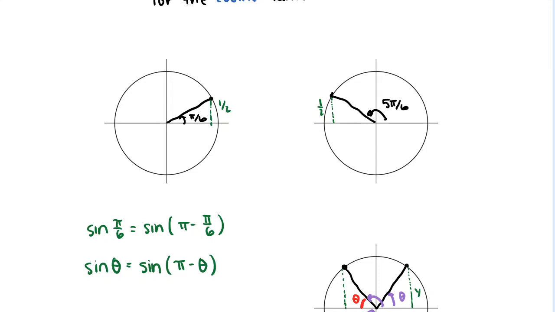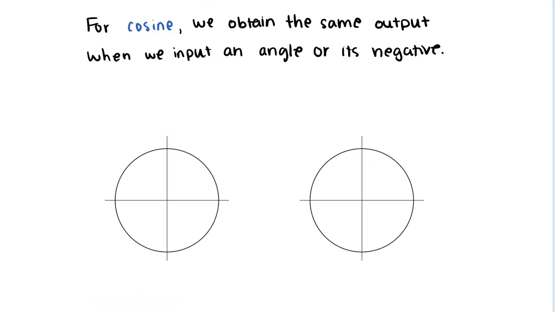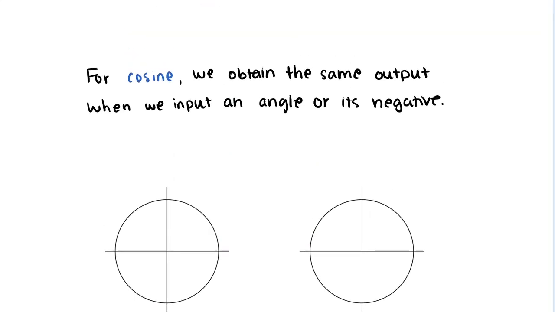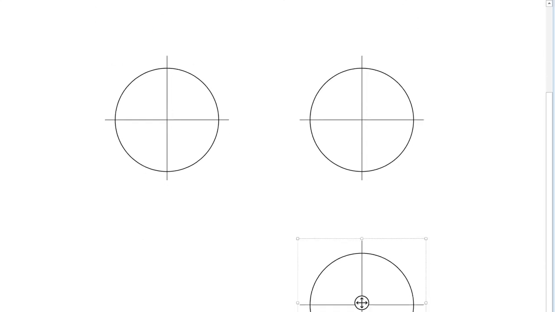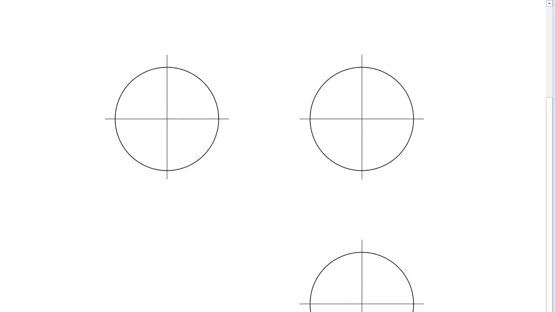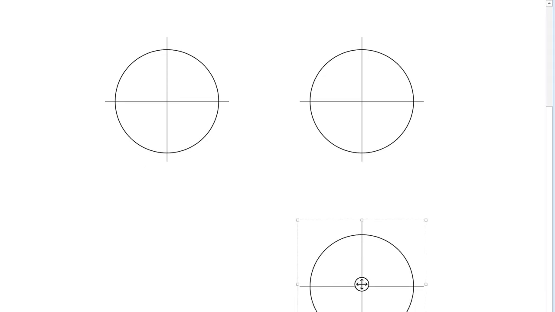What about for cosine? For cosine, we obtain the same output when we input angles that are negative of one another. So for concreteness, if I have the angle pi over 4, we're talking about cosine here, this point has an x-coordinate.